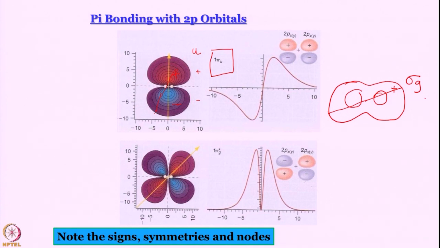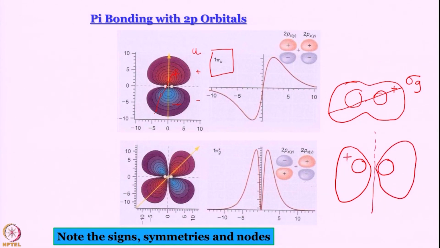Now, what about the anti-bonding orbital for the H2 plus? There we take something like this. You have depletion. So, you have a node in between, this is the node. Here the wave function is plus, here it is minus. Start from any point, go through the center, equal distance on the other side, and you have inversion.